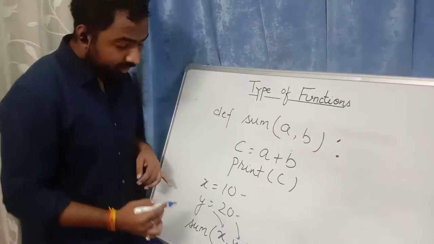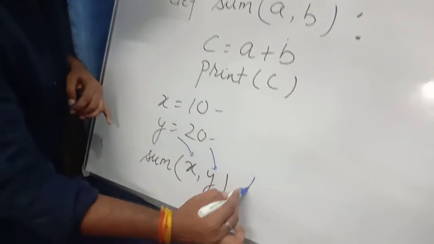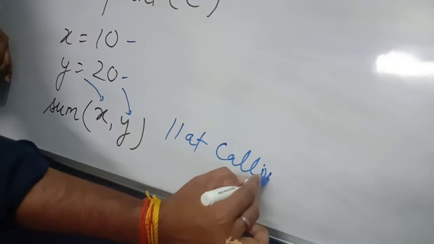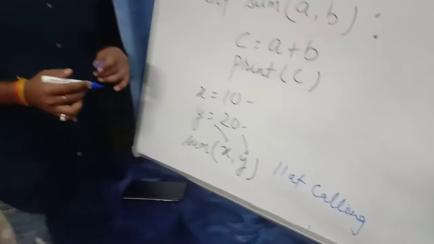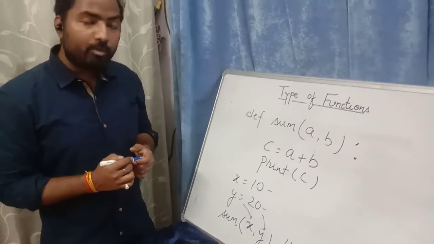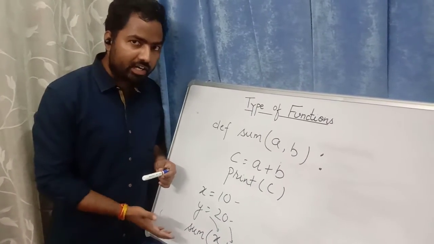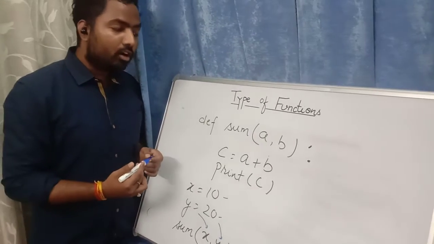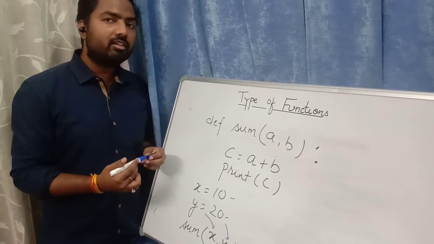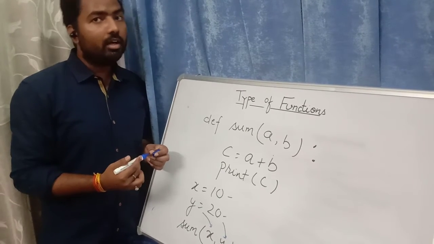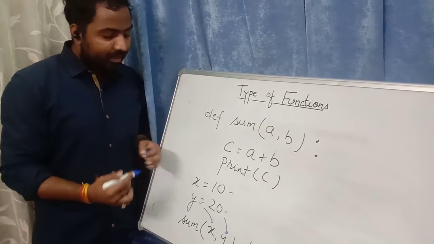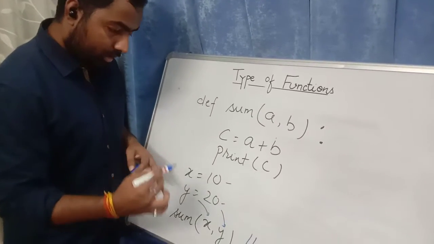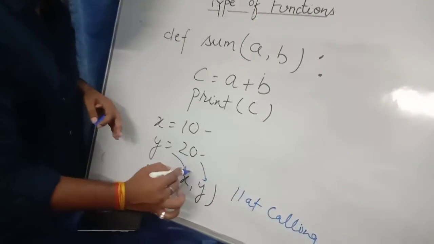When we pass values at the time of calling the function, this is the calling part, we call them actual arguments, and when we pass arguments at the time of defining the function, we call them formal arguments. So basically the value is passed from the actual arguments to the formal arguments.